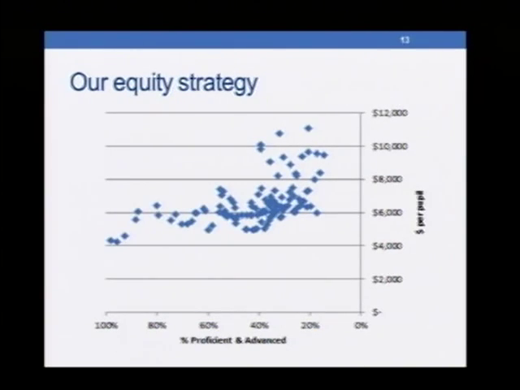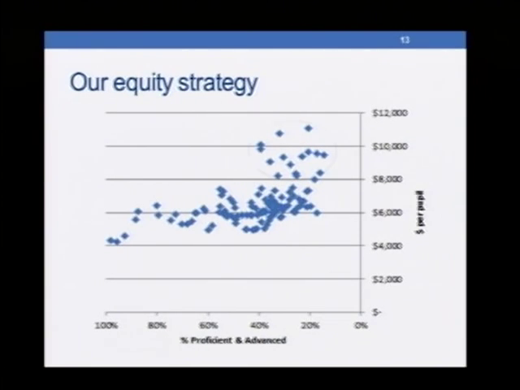So let me show you what ours looks like right now. This is a scatter plot of last year's expenditures across our schools. Each school's a dot, or whatever that is, a triangle. On the bottom is percent proficient and advanced, so I just use that as a proxy for need. It's not the only measure of need, but we used it as a proxy for this calculation.